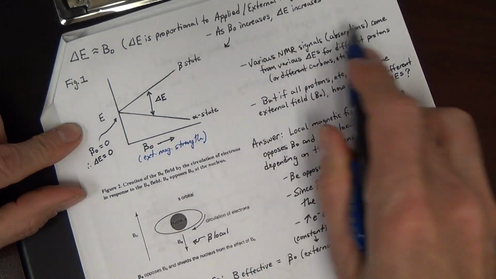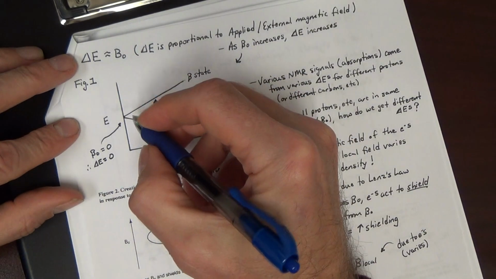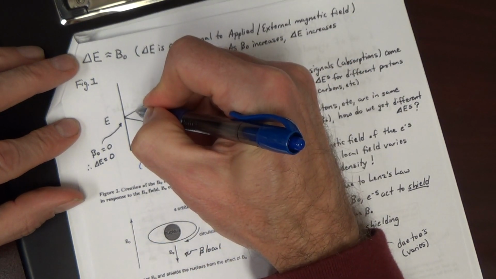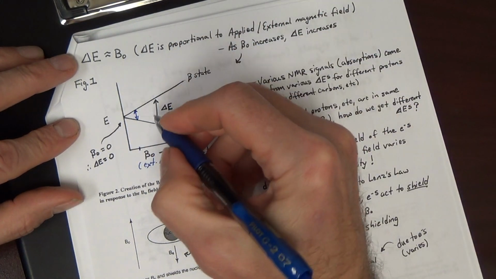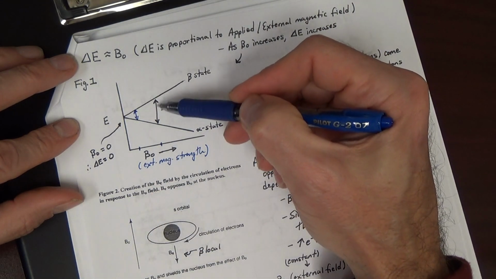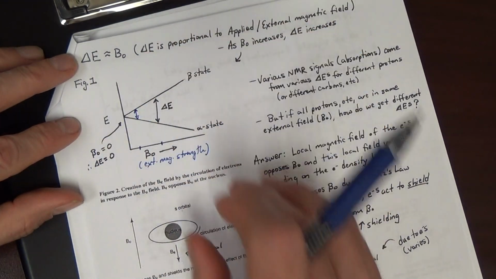This can go on and on. But if the field strength is here, we're going to have this gap. But if the field strength is here, larger, then we'll have a larger gap. So it's really a simplistic diagram, just make sure you understand it.